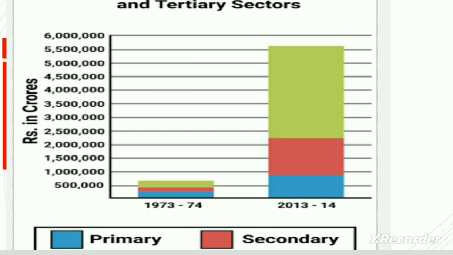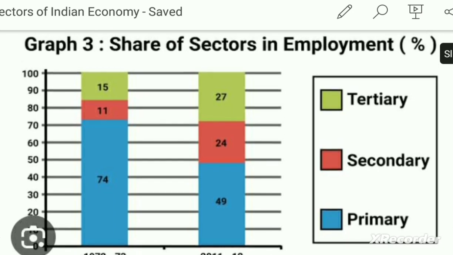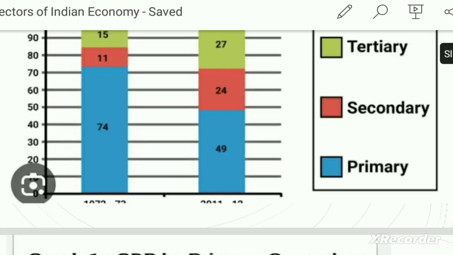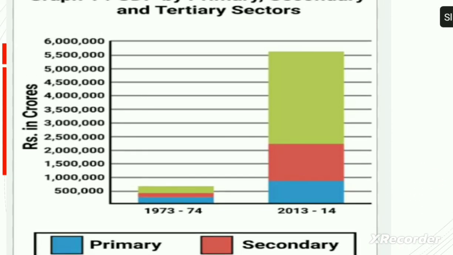Now, in the year 2013-14, you can see 27% of the employment is shared by the tertiary sector, agriculture 49% and secondary sector 24%. So in the year 2011-12, almost half of the population is dependent on agriculture, and you can see their contribution is much lesser.